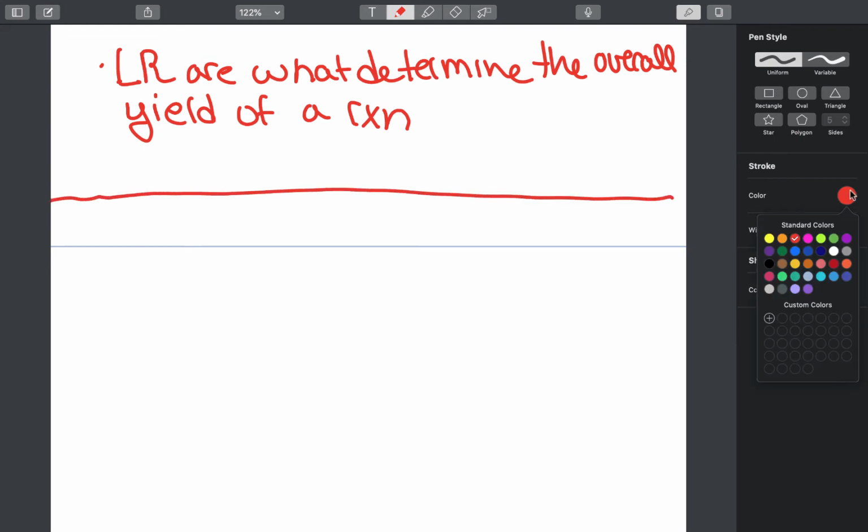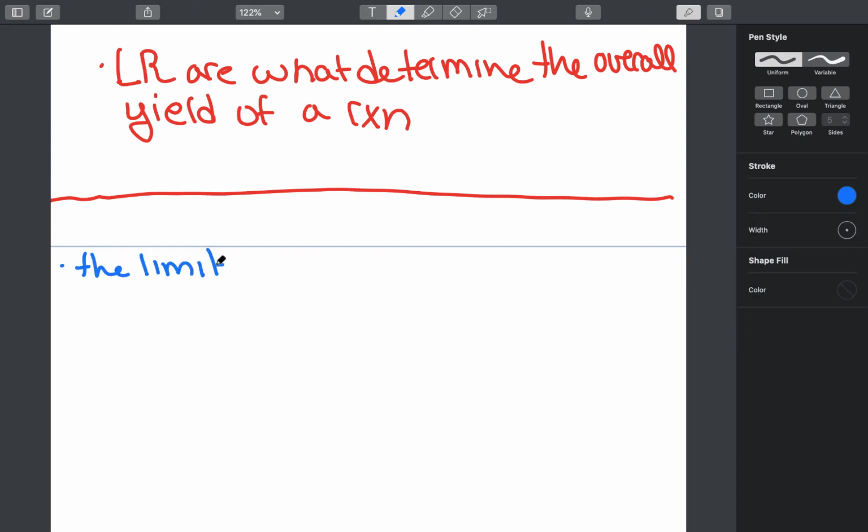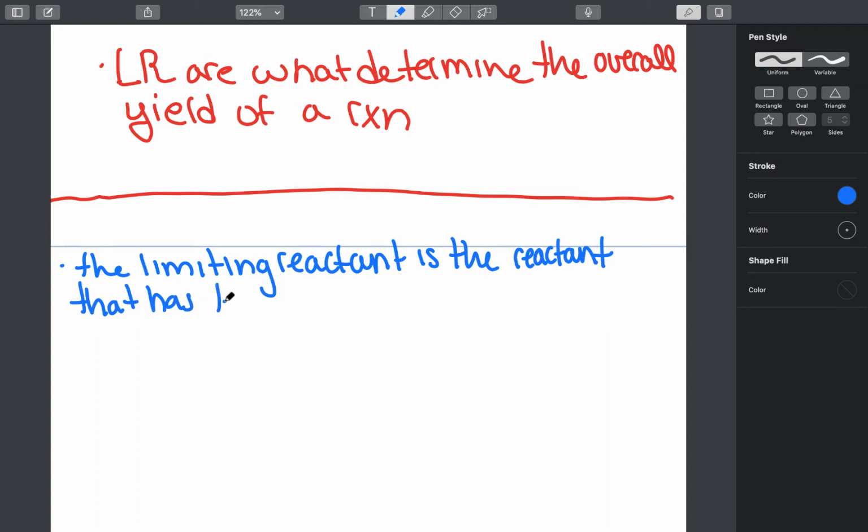Believe it or not, there is one way that you can very easily identify the limiting reactant in an equation, and that is through reaction units. So the limiting reactant is the reactant that has the smallest number of reaction units.